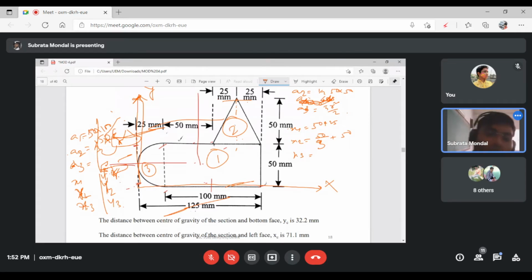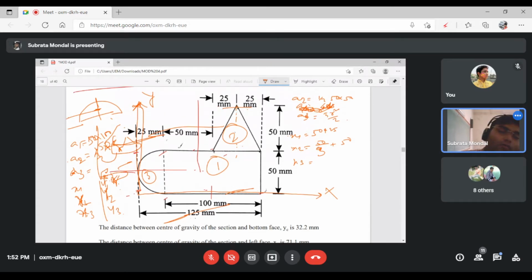X3 is that. Simply you have to understand, for a semicircle the centroid lies around this particular point, and that distance is 4r by 3 pi.